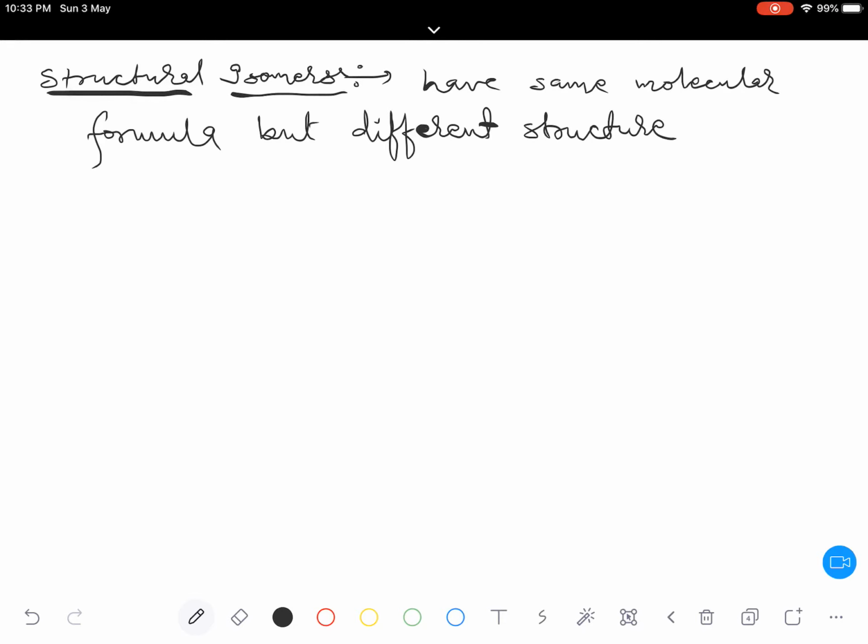Now different structure may be due to bonding pattern, different position of functional group, or different positions of unsaturation. In writing the IUPAC nomenclature, we understood different terms: primary prefix, secondary prefix, primary suffix, secondary suffix.